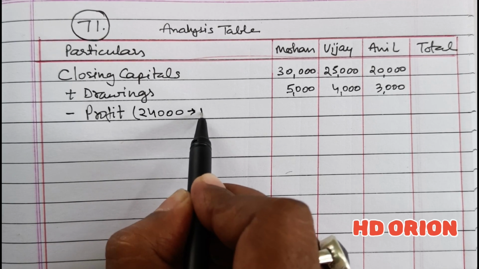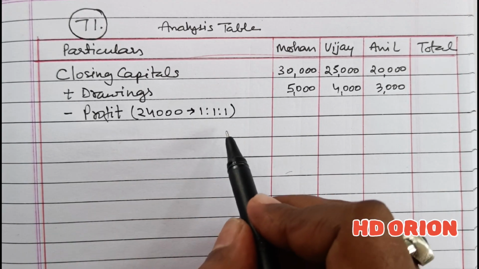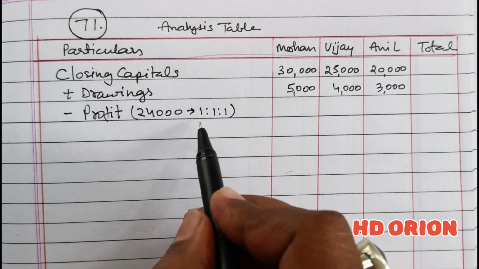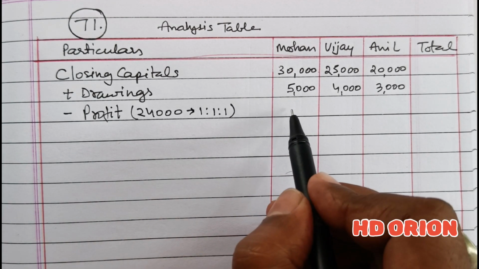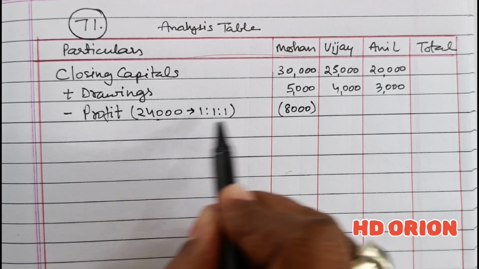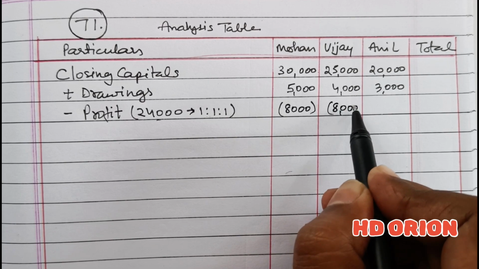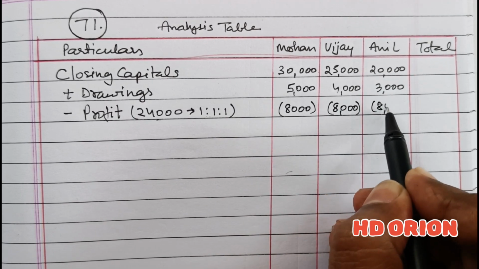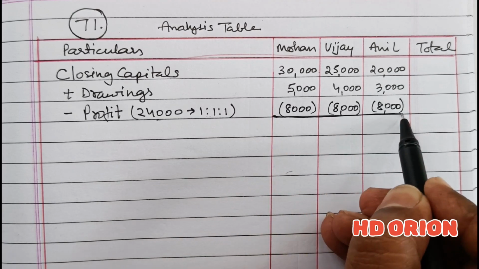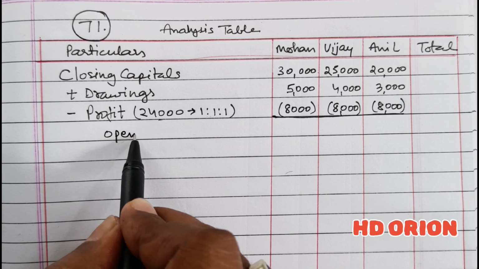It was paid to the partners in their profit sharing ratio 1:1:1. Because the profit sharing ratio is not given in the question and therefore we have to take it equally, that is 1:1:1. So we will reduce it. 24,000 divided by 3 will be 8,000 each. Now when you add this, you will get opening capital balance.